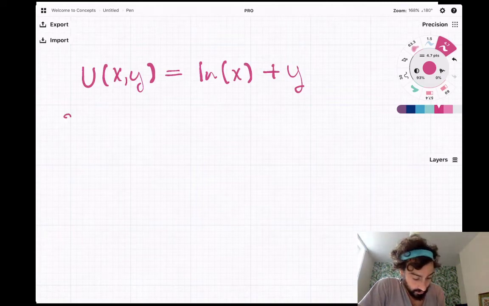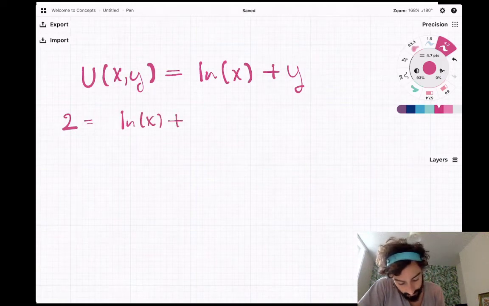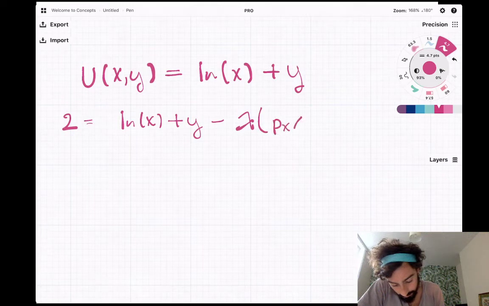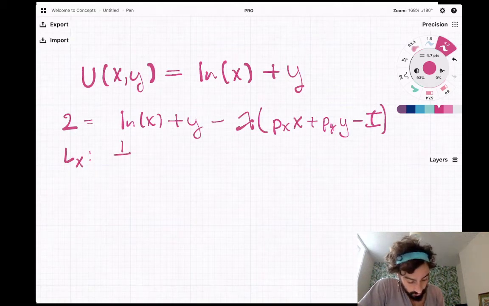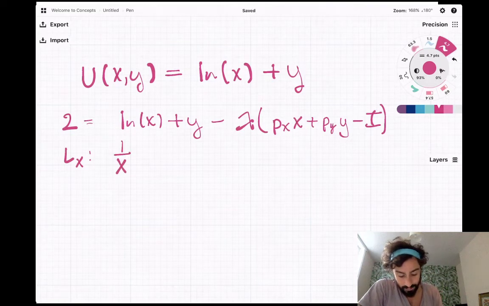So the Lagrangian is just ln x plus y minus lambda times (p_x x plus p_y y minus I). And then we have L_x, the first order condition with respect to x. So the derivative of ln x is 1 over x. The derivative of x over here gets us a negative lambda p_x.